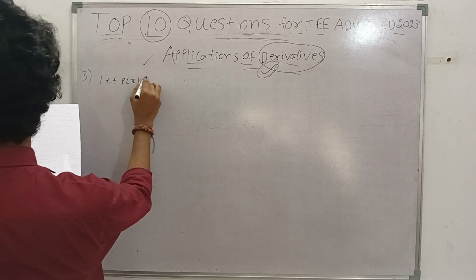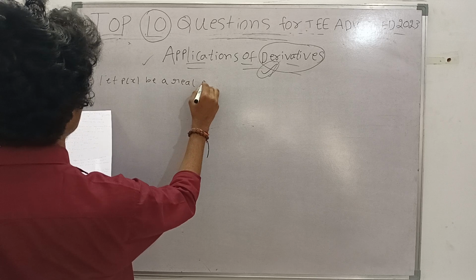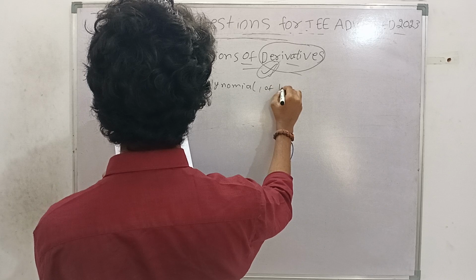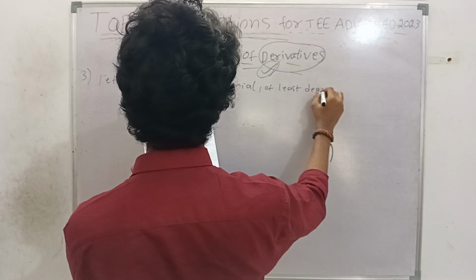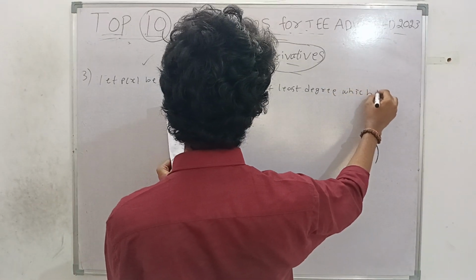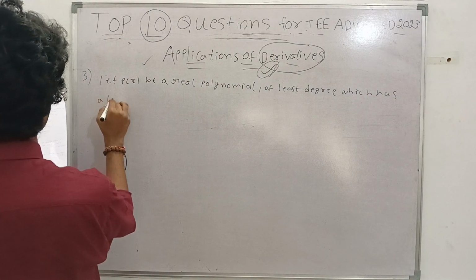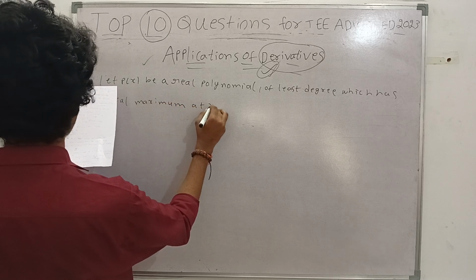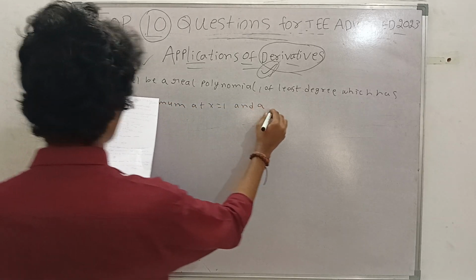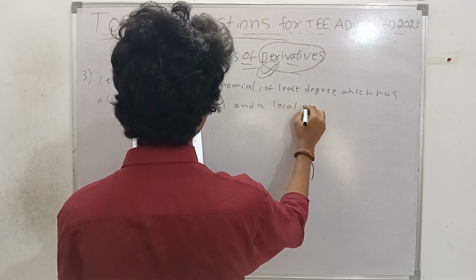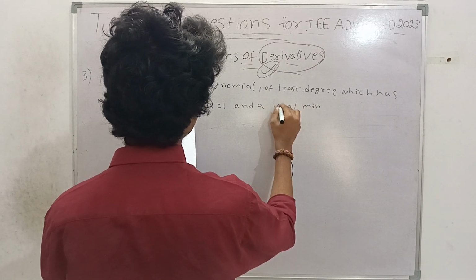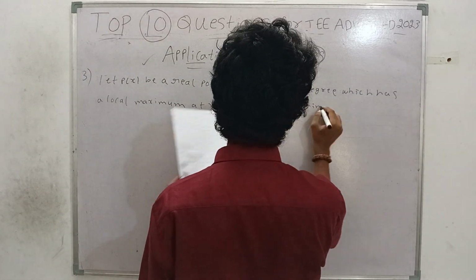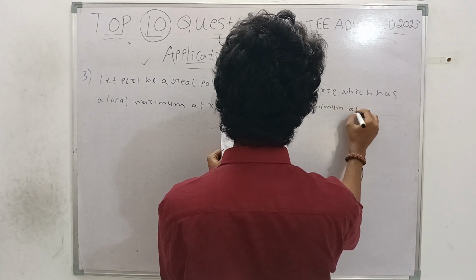Let P of x be a real polynomial of least degree which has a local maximum at x equal to 1 and a local minimum at x equal to 3.